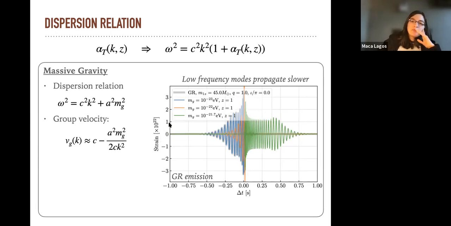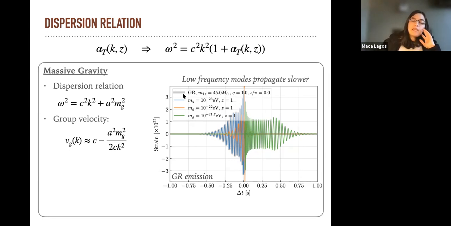So this is an example of what a gravitational wave signal detected by LIGO would look like. Here we have the strain as a function of time. And I remind you, we are assuming that the emission of the signal itself looks like general relativity. We only change how the signal propagates. This is a simple toy example of a binary of two black holes of equal masses moving in a nearly circular orbit and merging.